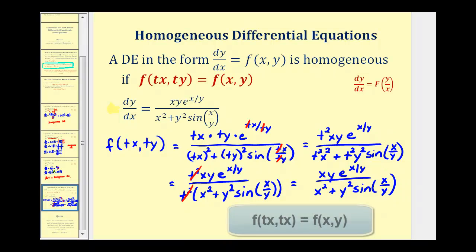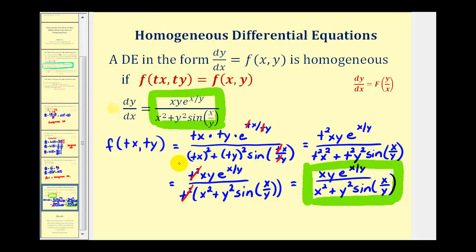And notice how now f of tx comma ty, once it's been simplified, is in this form, which is equal to the original function f of x comma y here. Therefore, we've shown that the given differential equation is homogeneous.